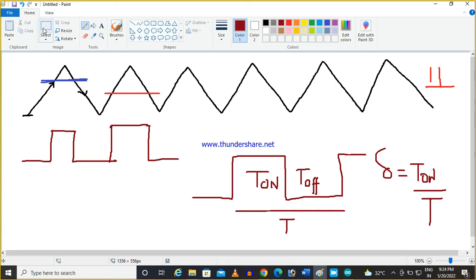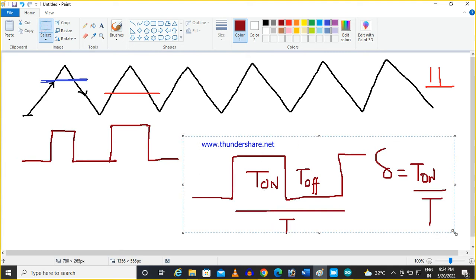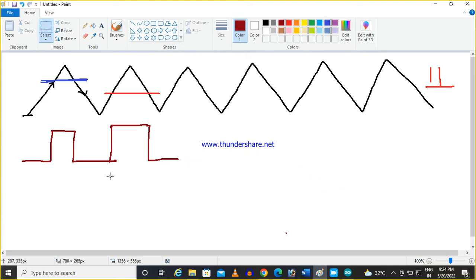So with this we understand that if I set a different output compare register value, then the duty cycle of the PWM can be changed.